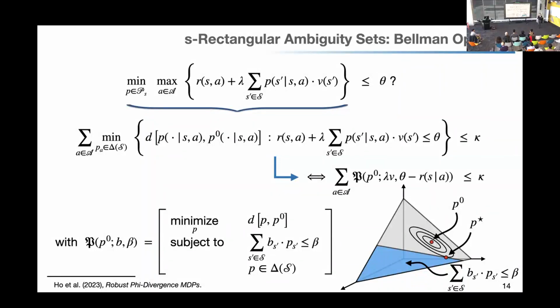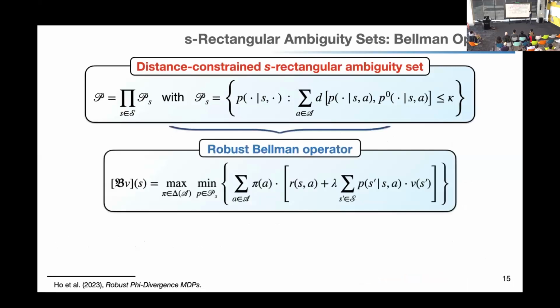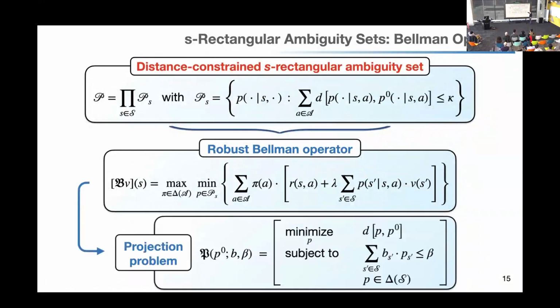Now, this is a very well-structured problem, and we can think about very efficient methods to solve this for different divergences. So let me summarize. For the class of distance-constrained ambiguity sets, we have observed that computing the robust Bellman operator can be reduced to solving a sequence of those generalized projection problems. In other words, if we can solve those problems efficiently, there's hope that we can solve this problem efficiently.